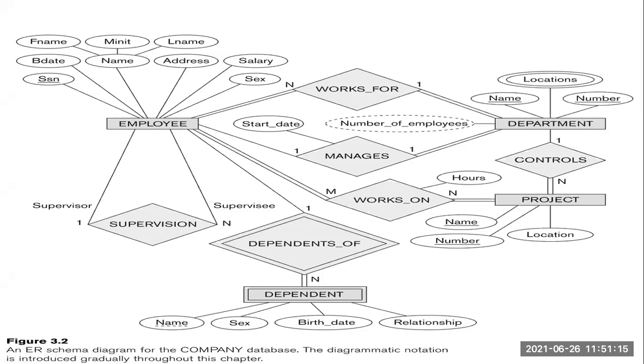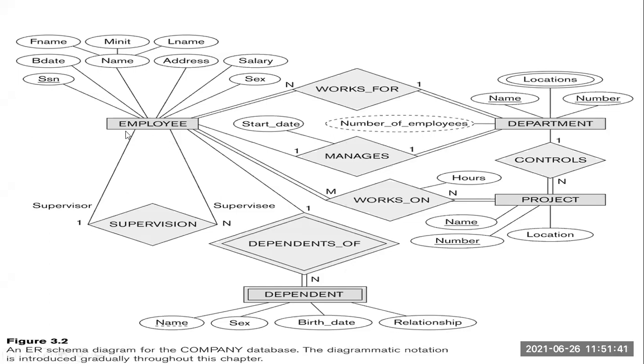Because this is a complete oval, not a dashed oval. If it is a dashed oval, then you say it is a derived attribute. So please don't get confused between composite attributes and derived attributes. A derived attribute is represented with dashed oval lines, and a composite attribute, in the diagram, is classified into parts.